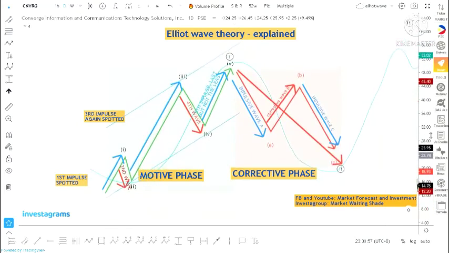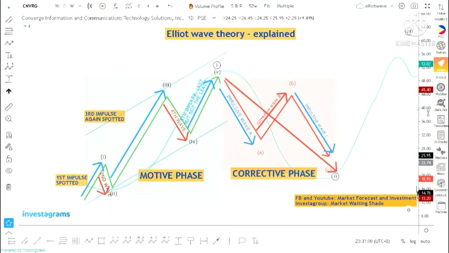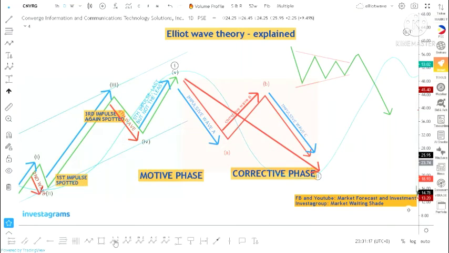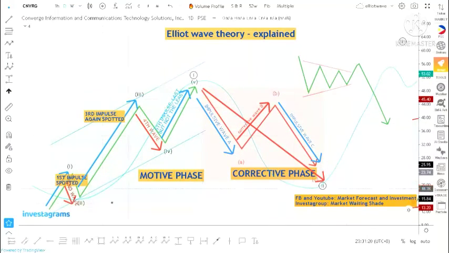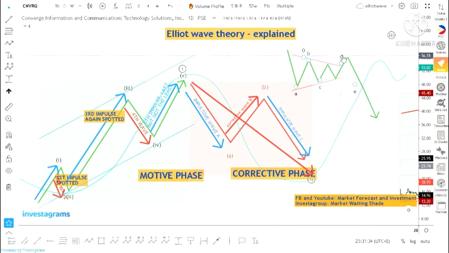What is the difference? Why are there some corrective phases which form like this, for example, bang, bang, bang? Okay, this one. This is an insight into how our corrective structures will be forming. This is just a sample of the structure that will be forming.